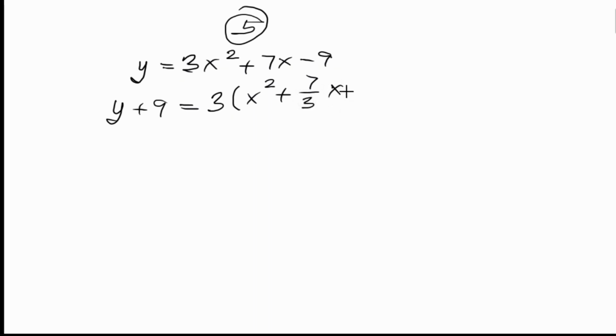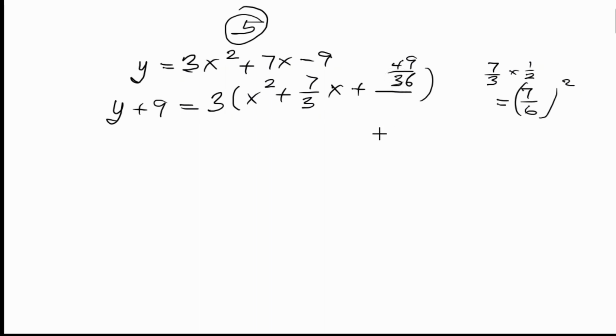This is where it starts to look ugly already. Plus, this is the coefficient of x, which is 7 over 3. And let me make it easy, half of that is times 1 over 2, and that will give us 7 over 6. And we are going to add the square of this here. And that gives us 7 squared is 49, and then 6 squared is 36.